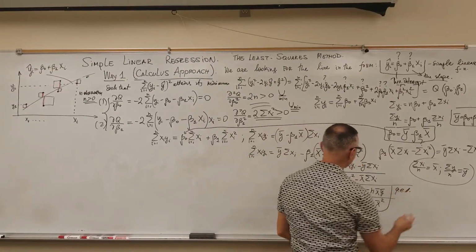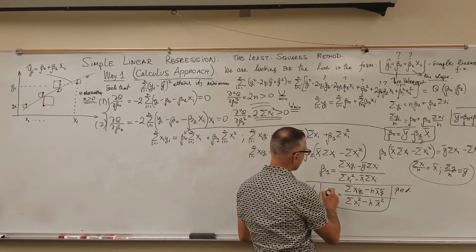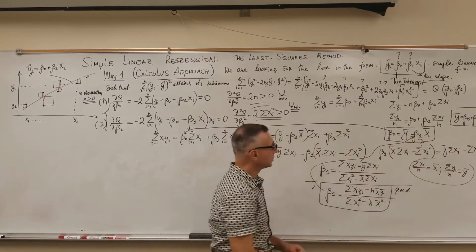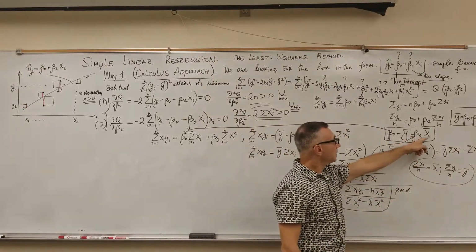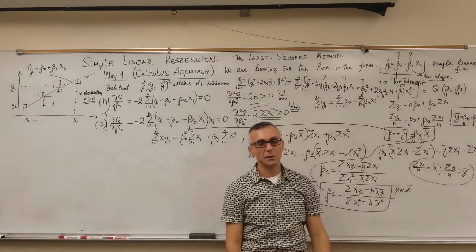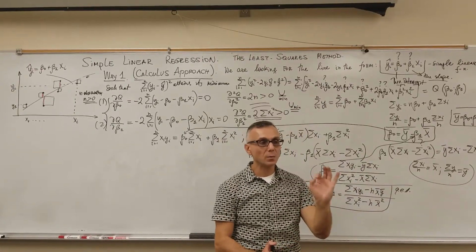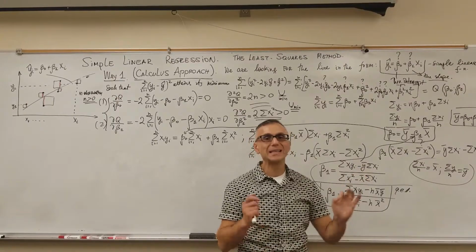So this is my slope, and for the intercept, once I know my slope, I plug it back into my first equation. X bar given, y bar given, calculate, and we'll find beta 0. This way you will uniquely find a line identified on the plane with the slope and the intercept.